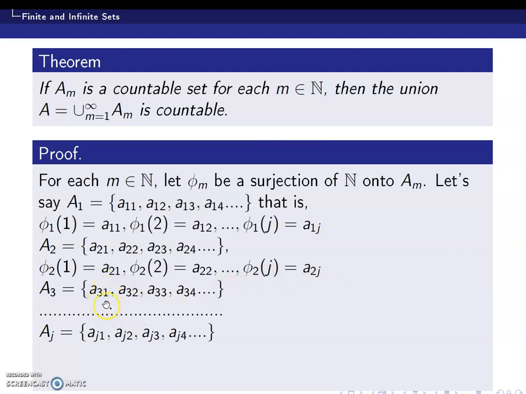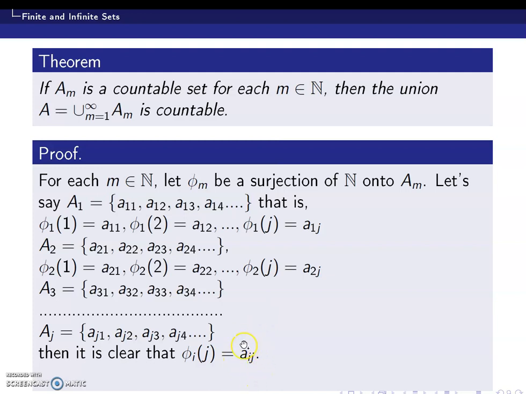Similarly, a31 is the element of phi_3 at 1, a32 is the element of phi_3 at 2, a33 is the element of phi_3 at 3, and so on. So you get the idea about how we assign the elements of A_i onto particular elements of natural numbers using the function phi.